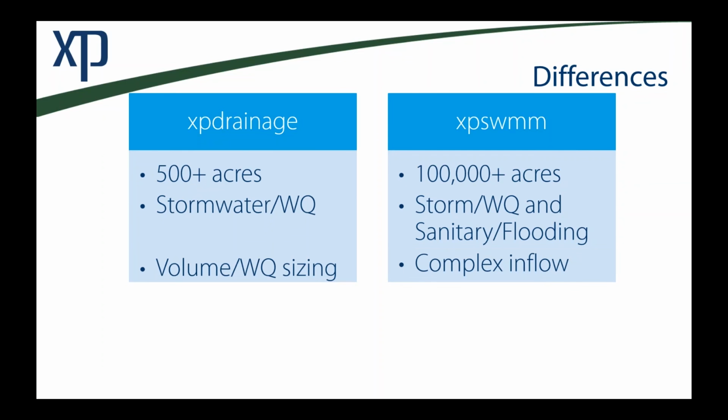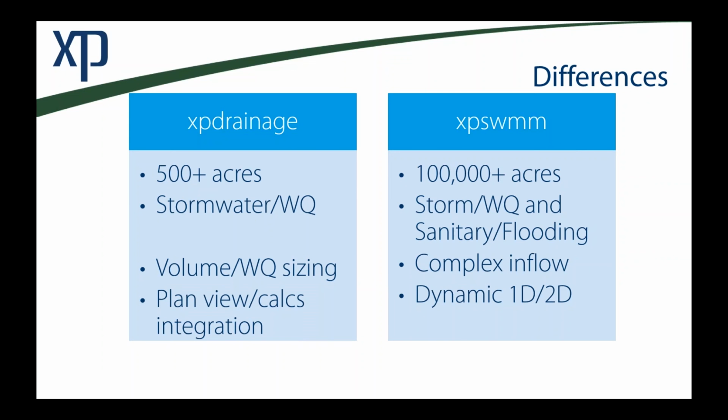So one focus of XPDRAINAGE is on that intelligent volume and water quality sizing, okay? Whereas XPSWMM is really going to be able to look at complex, I'm saying inflow, but really it's that complex site, be it hydraulic inflow, just runoff, even two-dimensional direct rainfall into a system. So that's really where XPSWMM excels, setting up this complex kind of ambient issue that we're going to try to fix.